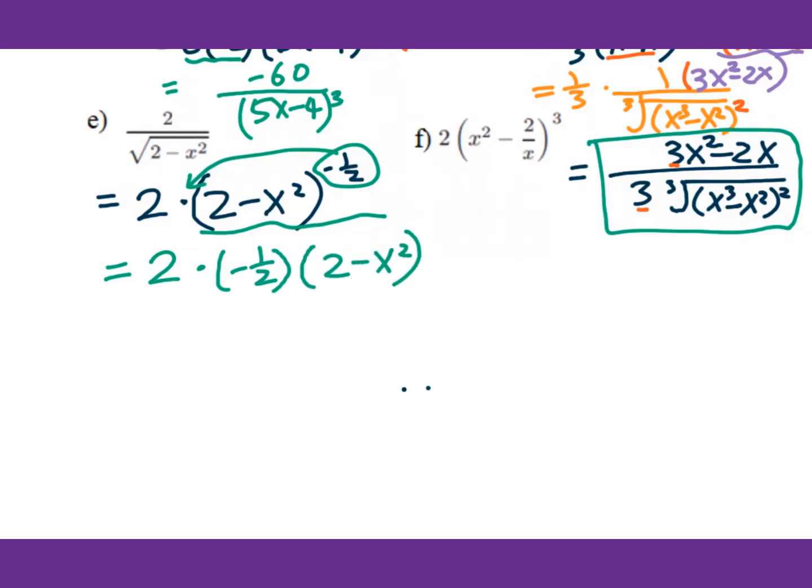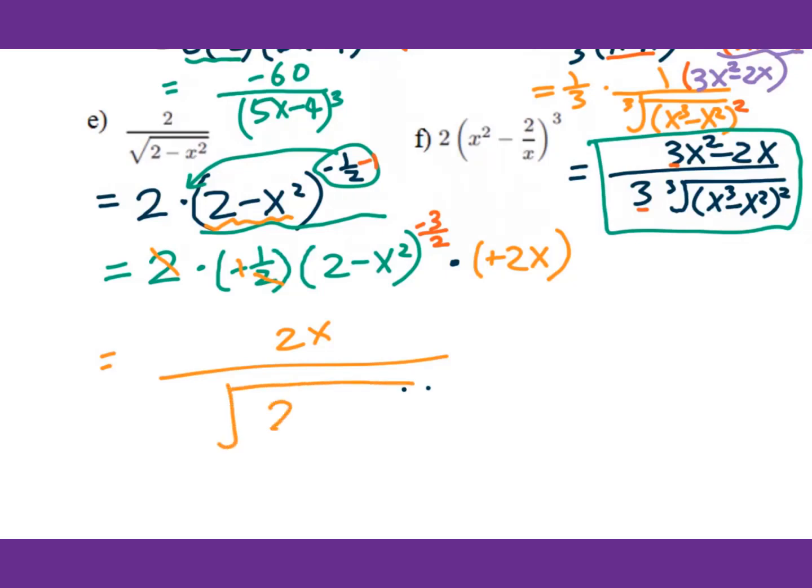Then we do negative 1/2 minus 1, that's negative 3 over 2. Then times the derivative inside. 2 is gone, so you will get negative 2x. Then try to simplify. Negative negative will be a positive. So top is 2x. Then we get the square root of 2 minus x squared, third power.